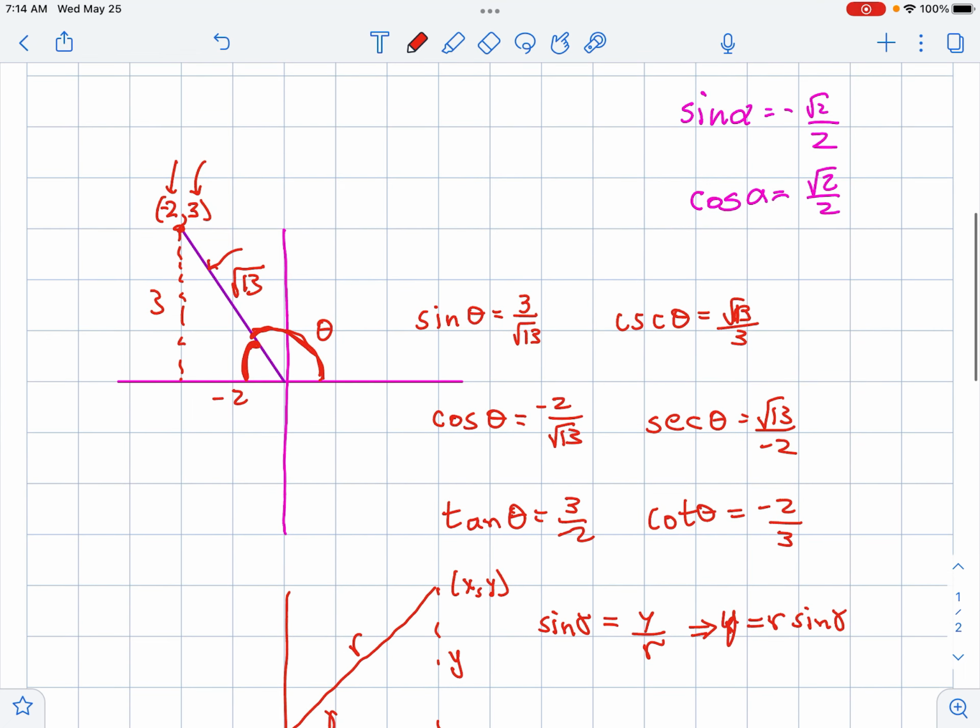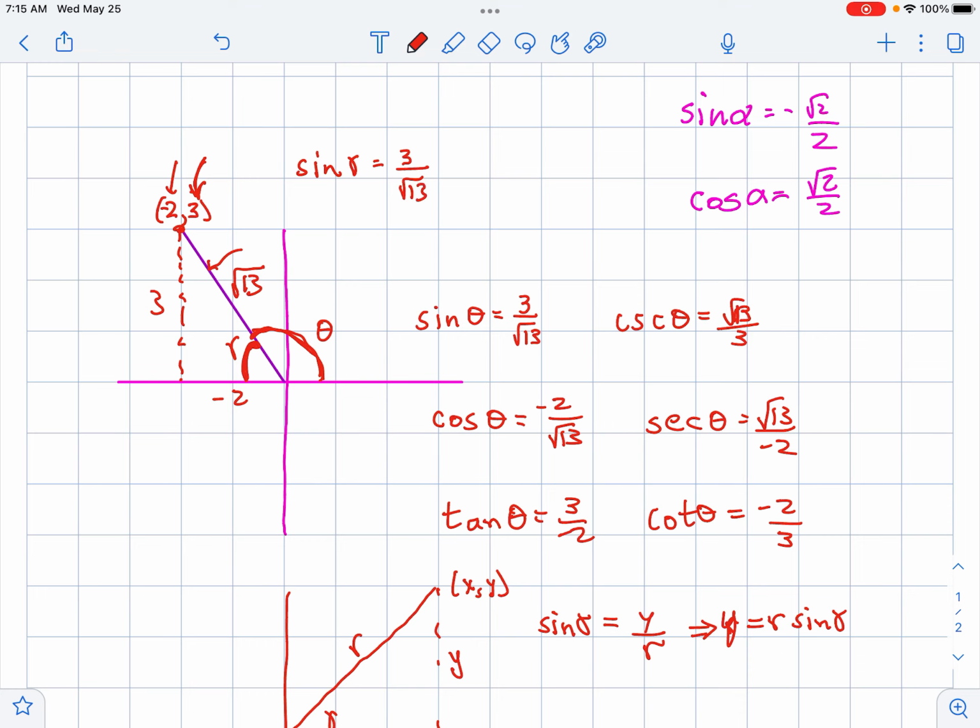So look at this. Let's just think about this. For this point right here, y is equal to 3. So let's do this. Let's take the sine of this angle, I'll call it gamma, and this is equal to 3 over the square root of 13.